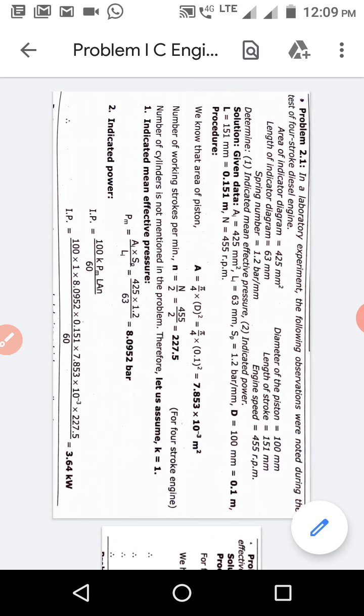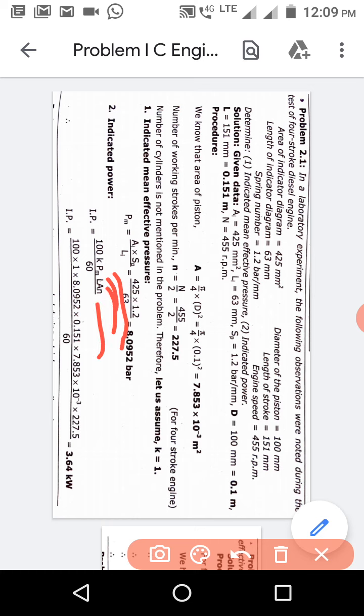So after this we put in the piston area. We have already calculated the mean effective pressure, we know the stroke length, the piston area, and the number of working strokes. So after putting in all the values we can easily calculate the indicated power.